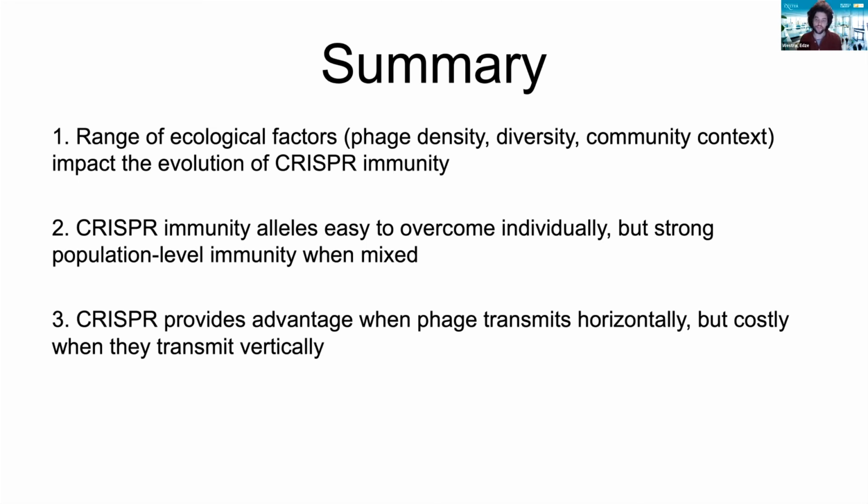I've also shown you that this has important implications for the virulence of Pseudomonas aeruginosa, and that CRISPR-Cas can drive phage extinct very quickly. But even though CRISPR-Cas provides all these advantages, there are also negatives associated with it, particularly when bacteria are infected with phages that can enter into lysogeny. And that's where CRISPR-Cas can be lost very quickly.